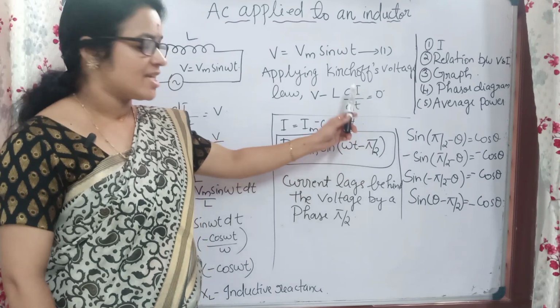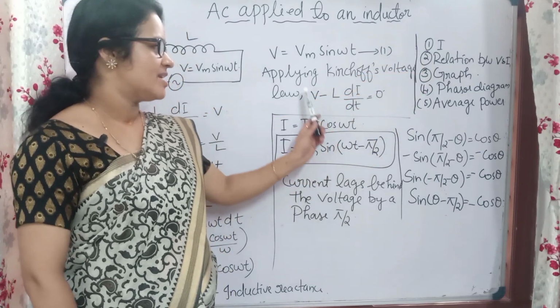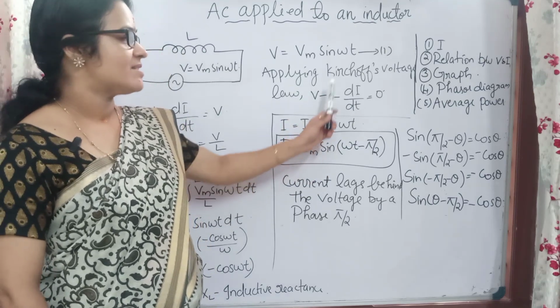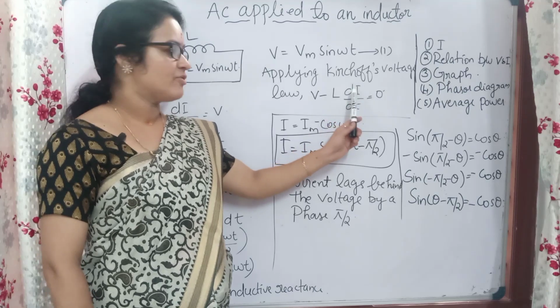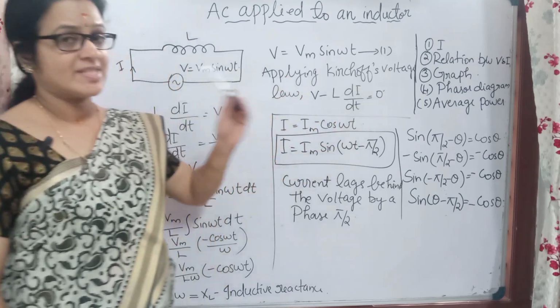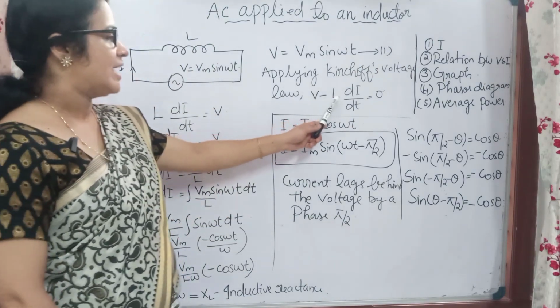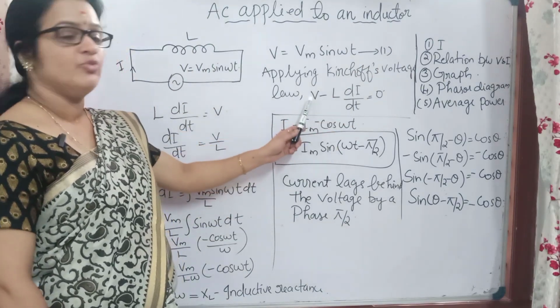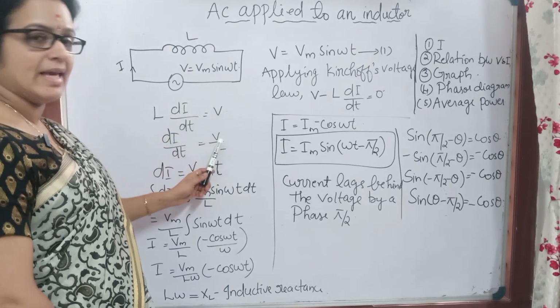First we have to find the current, so for that we rearrange this equation, V minus L di by dt equal to 0. So our first step is to find the current. L into di by dt will be equal to V. So what will be di by dt? That is equal to V by L.